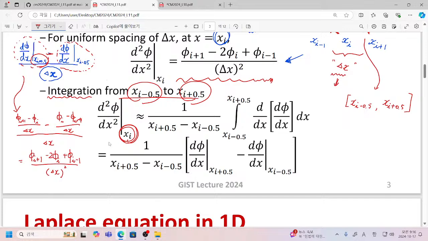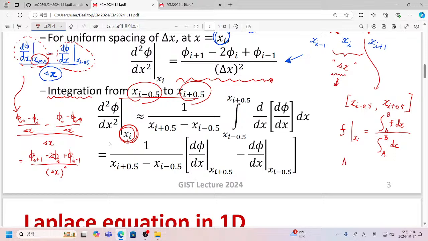If we have a certain quantity f which should be defined at x sub i, then instead of immediately calculating it, we integrate from the lower limit to the upper limit, and calculate this integral from a to b.